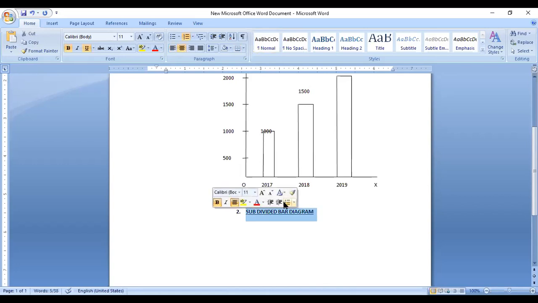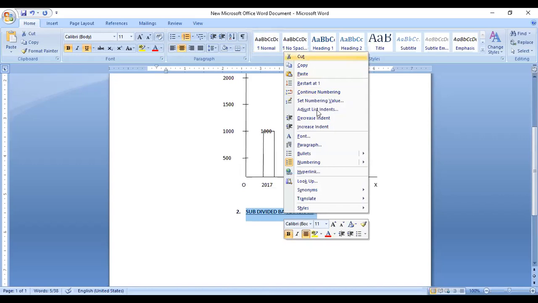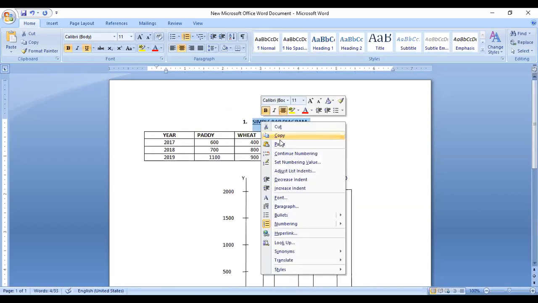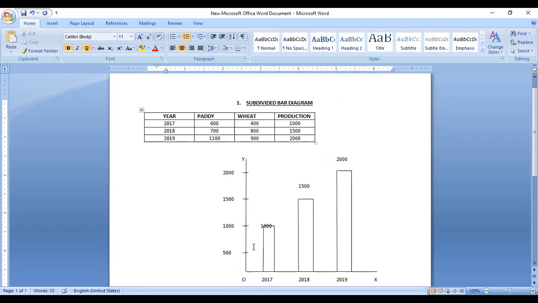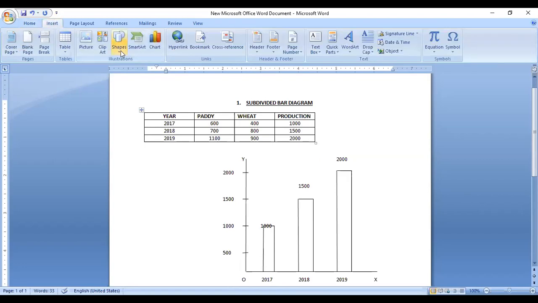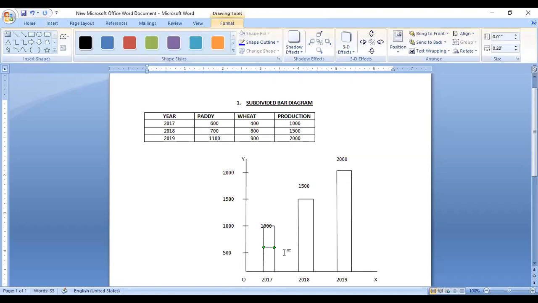So same subdivided bar diagram. This is data pertaining to production in which paddy and wheat, both the divisions are there. Then how to do it? See, first of all, paddy. In the year 2017, paddy 600 tons are produced. Then see, up to 600 you take measurement and you draw a line.